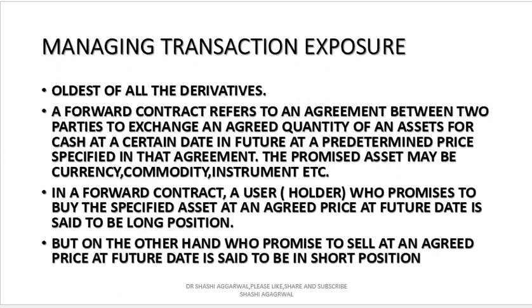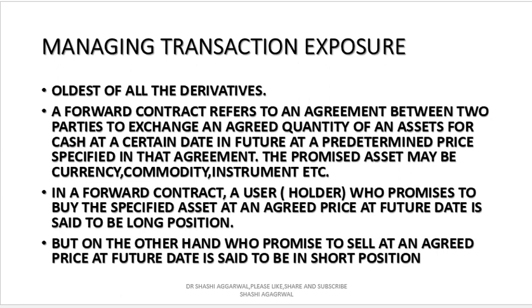In a forward contract, a user who promises to buy the specified asset at an agreed price, like here, where I have entered into a forward contract at the rate of 70 rupees 95 paisa at a future date, is said to hold a long position. A long position is when I am going to purchase at a future date.